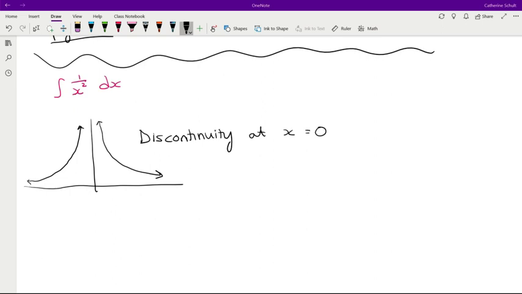But when we go to write the general antiderivative, remember we can add this little intermediate step: 1 over x squared is like x to the negative 2. So when we take the general antiderivative, we add 1 to the exponent, and then 1 over the new exponent. In this case, it's just going to be negative.